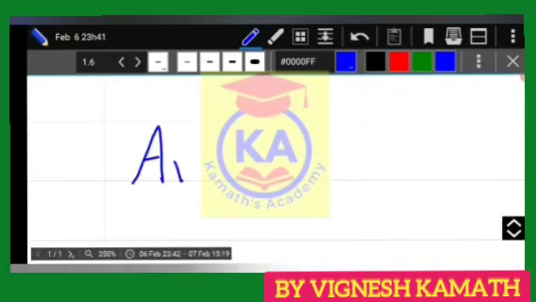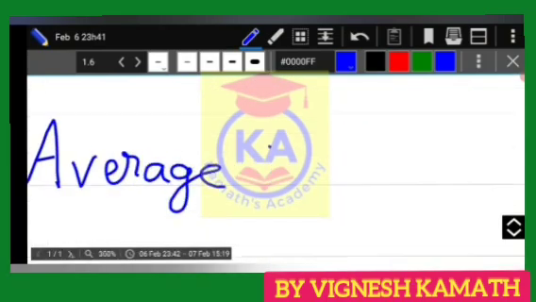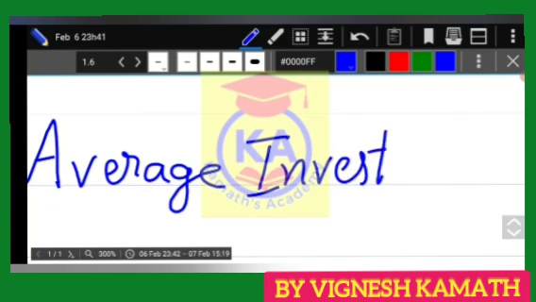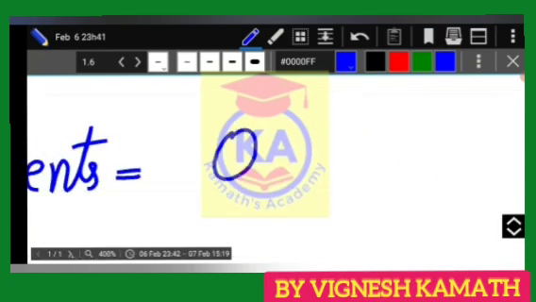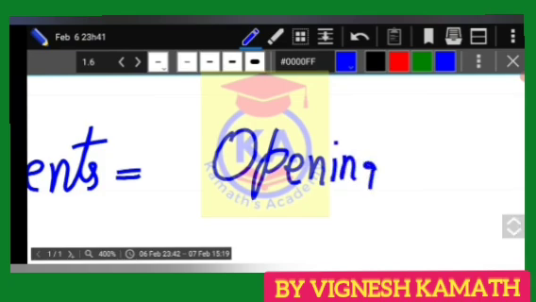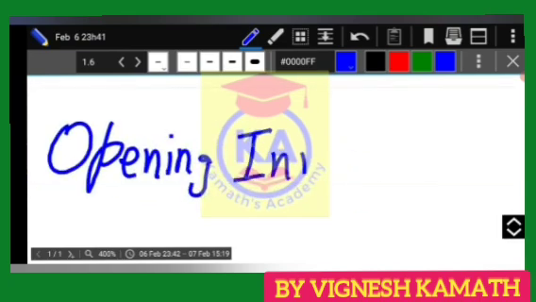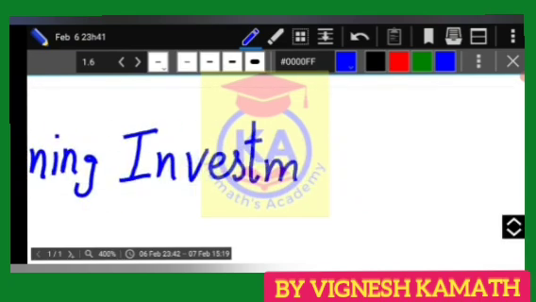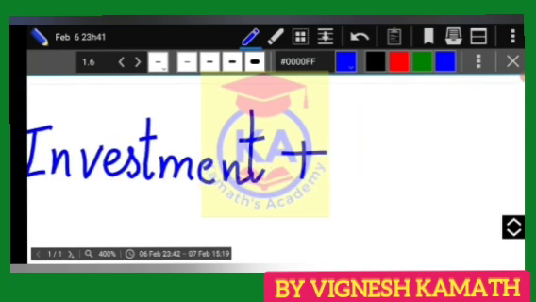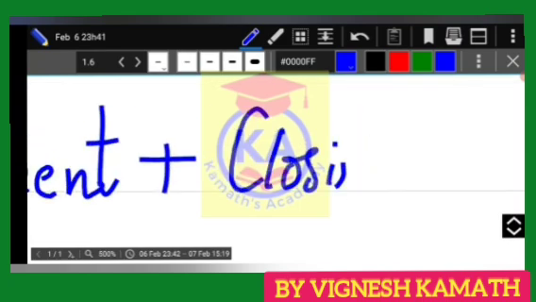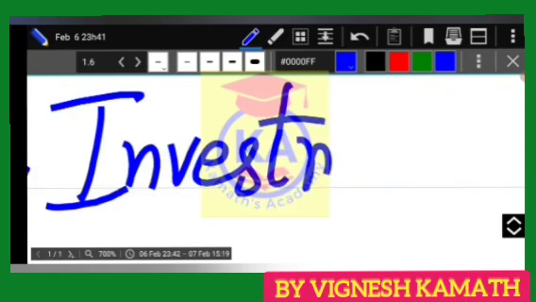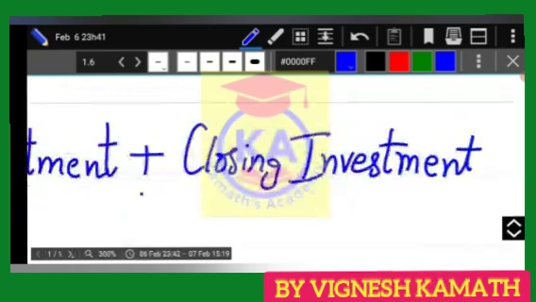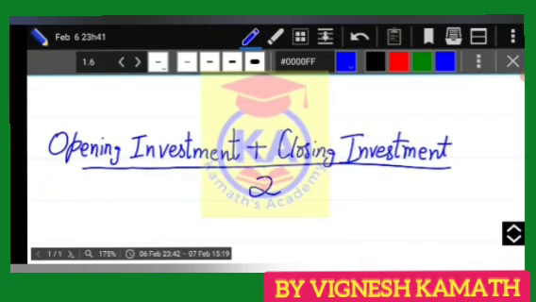Average investments is equal to opening investment plus closing investment divided by 2.